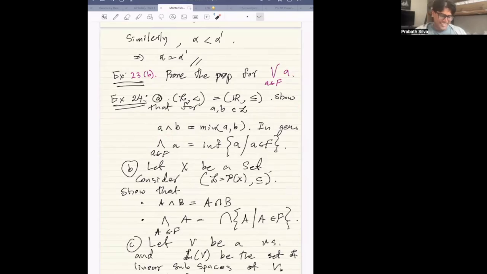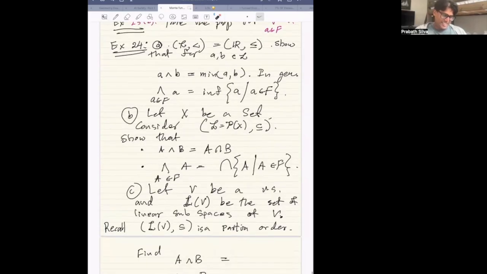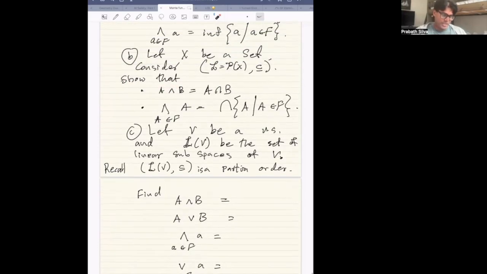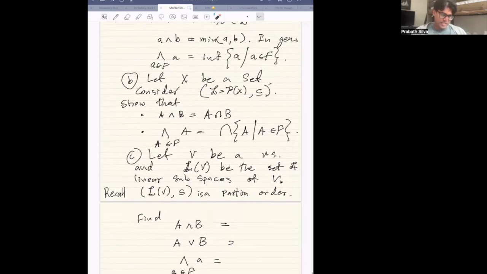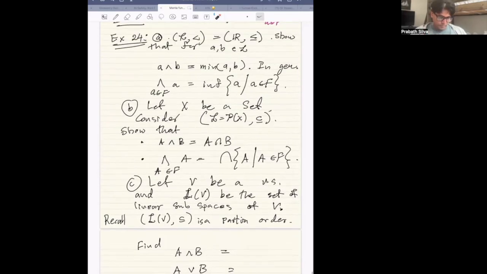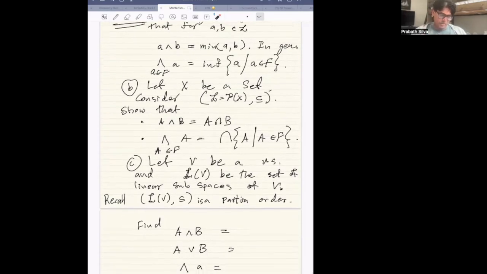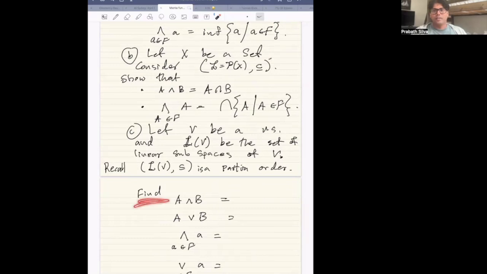These exercises are easy, but the point is to show that. Find means you have to find this thing and then show that it is the case.